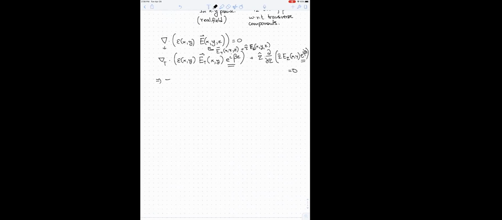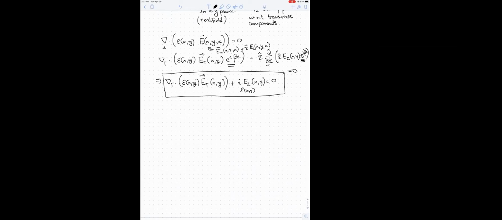So now if you look at this, all of this is derived in detail in the notes, so you can read through the notes for this. I don't want to spend too much time on this, but essentially this exponential i beta z with del by del z will give you an i here, and you'll be left with just E_z of x, y times the epsilon of x, y.